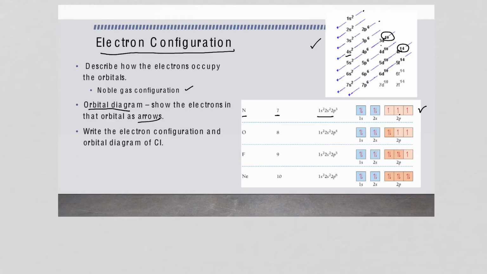So if we move down to oxygen, since we have 4, we have to go 1, 2, 3, and the 4th one fills up the first of the p orbitals. And then if we have 5, we fill up the second one, and you get to neon, and you notice now you've reached the end and filled up that 2p set of orbitals with the 6 electrons.